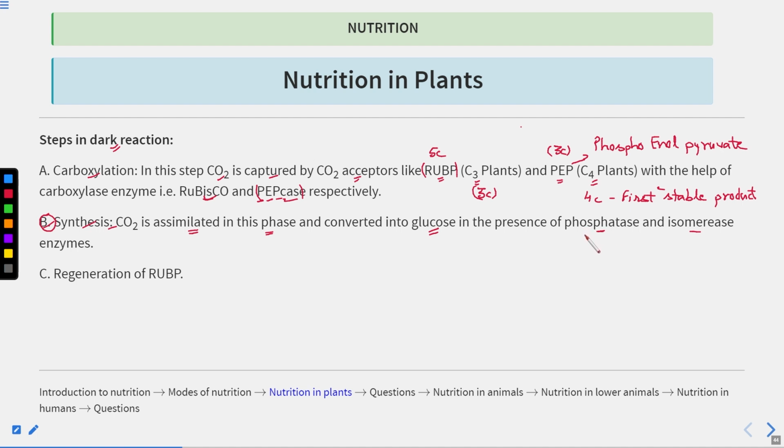Phosphatases help in the transfer of the phosphate group, whereas isomerases help in the rearrangement of atoms within a molecule.